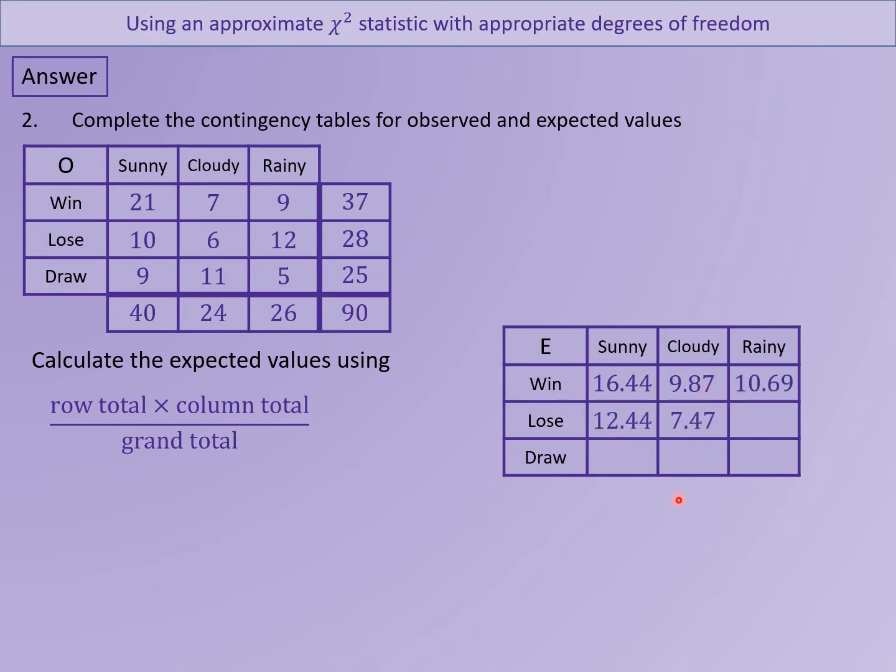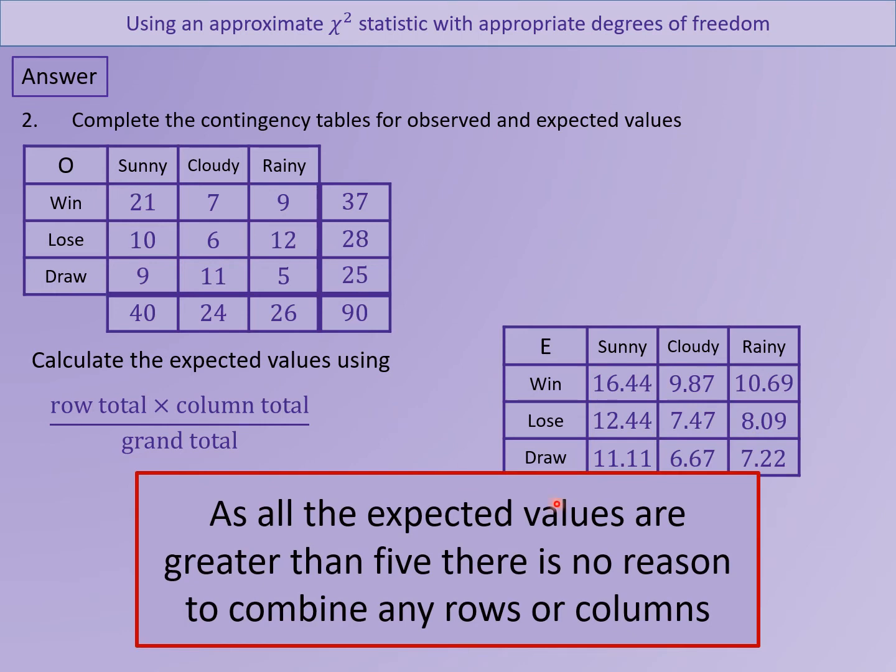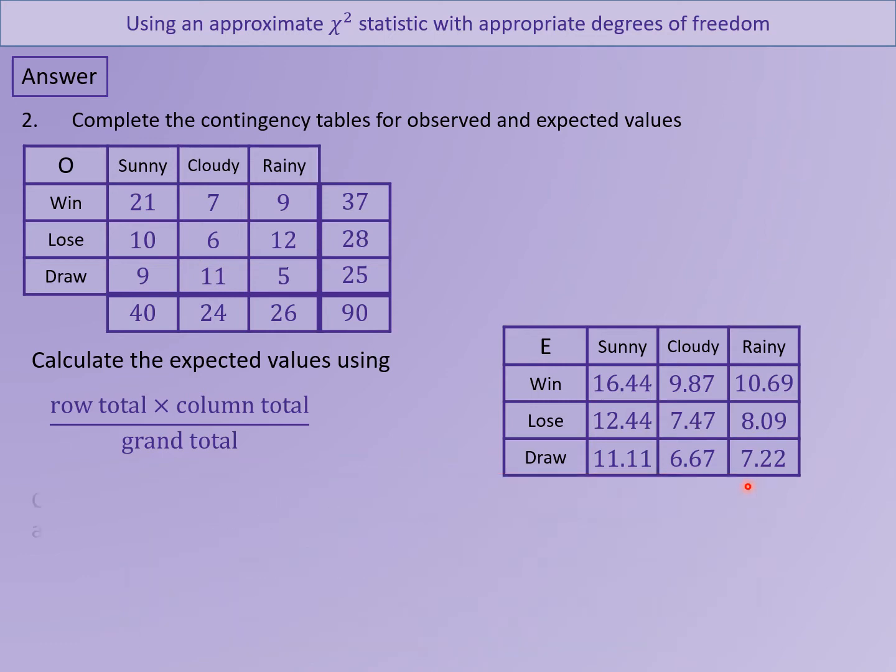And so I could go and fill in the rest of that table of what I expect to get from these results at the bottom. You need to notice that none of the expected values are less than 5. If they were less than 5, you would not be able to run your chi-squared approximation, and you would have to combine some of the categories together. But every single one of our expected values is above 5, so there are no issues running our chi-squared approximation.